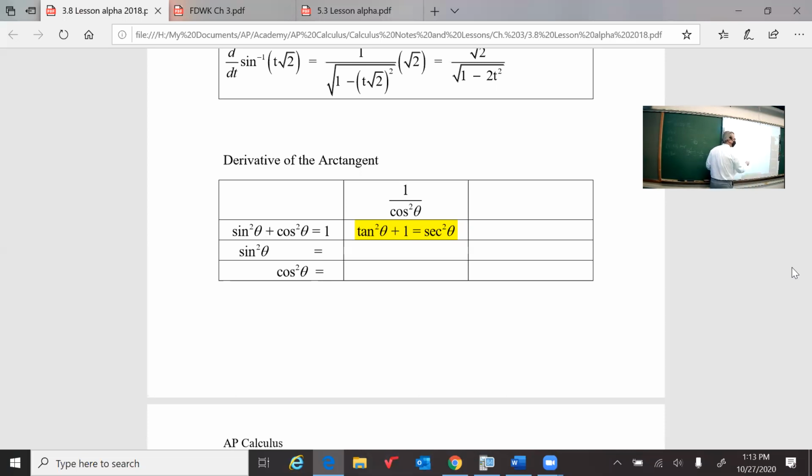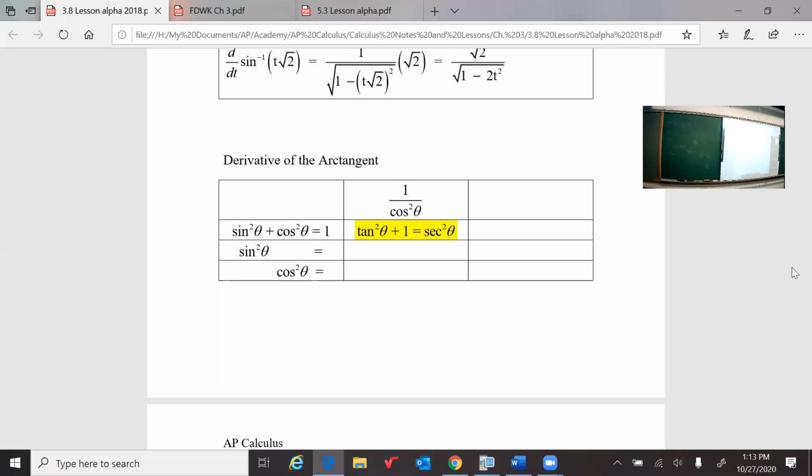If you know this has 1 by itself, Algebra 1, you could add a negative cosine squared to both sides and get sine squared by itself. You could add a negative sine squared to both sides and get cosine squared by itself. And I didn't write out what it equals because you didn't want to clutter up the table. Then you could take 1 divided by cosine squared theta and multiply it by both sides of this equal sign, or 1 divided by sine squared theta multiplied by both sides of this equal sign. And you would end up with 9 trig identities based on you manipulating just this one.